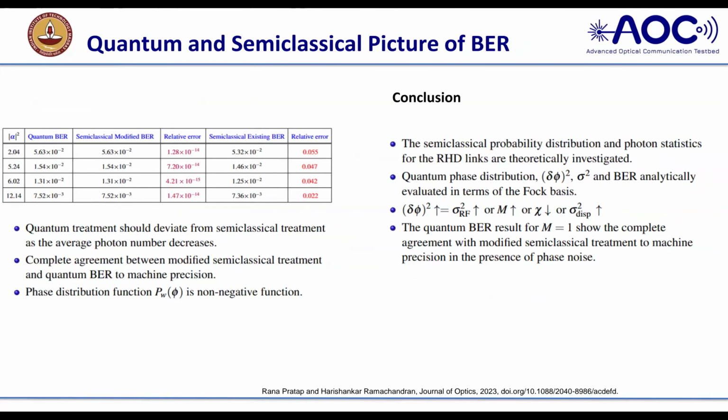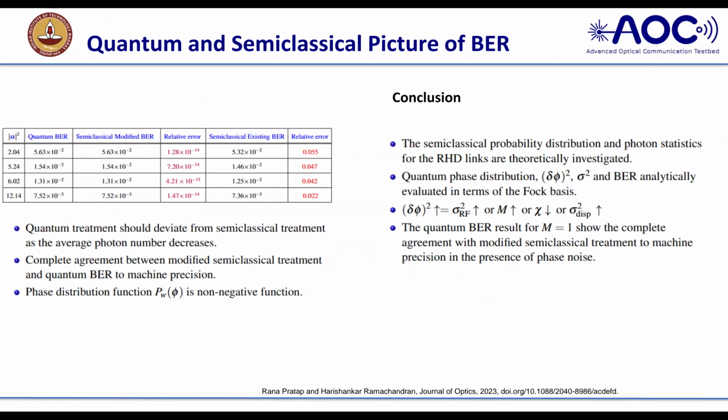Even then we had a doubt, okay, when you have the quantum bit error rate and here the semi-classical, we are getting nearly the same, but when you introduce the chi, in absence of chi, you can see the relative error decreasing as the number of photons increases. So we thought that it was nothing but the deviation between the quantum and semi-classical pictures, but it is not true.